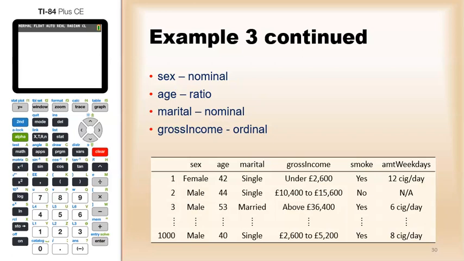In the data set, these are collected as ordered categories. So in this case, gross income would be an ordinal variable. Whether or not they smoked, that's nominal. And if they did smoke, the amount they smoke on weekdays would be a ratio variable.